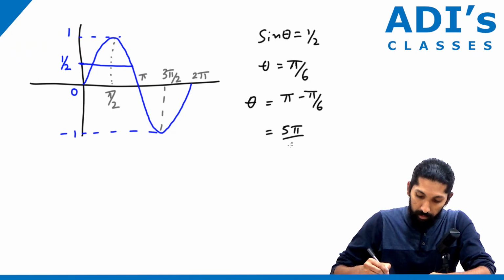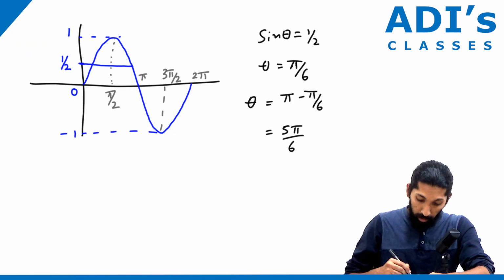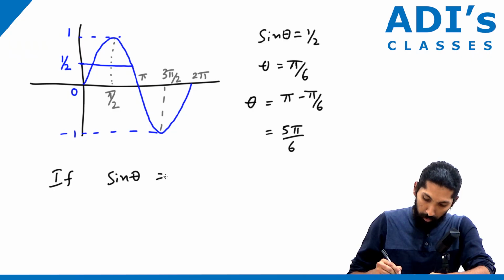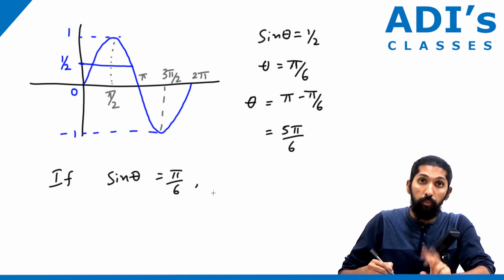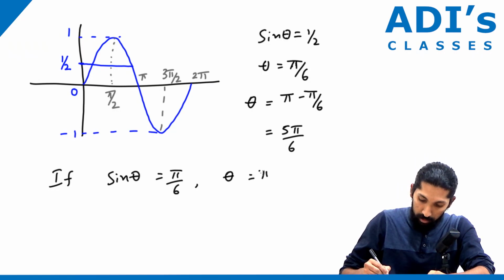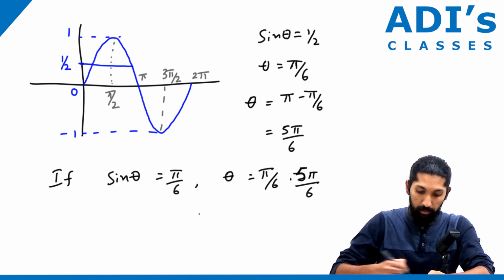Pi minus pi by 6 is how much? 5 pi by 6. So what we can conclude is, if sine theta is equal to half, then theta can take two values. Theta will be either pi by 6 or 5 pi by 6.